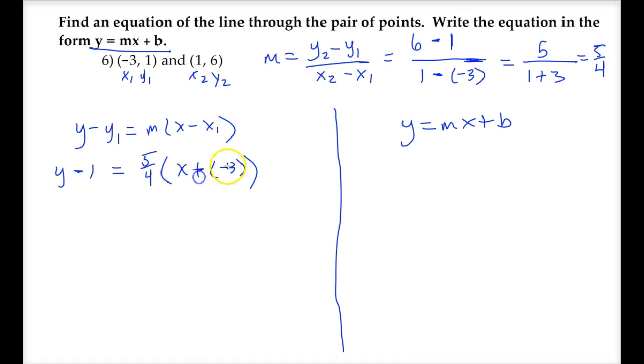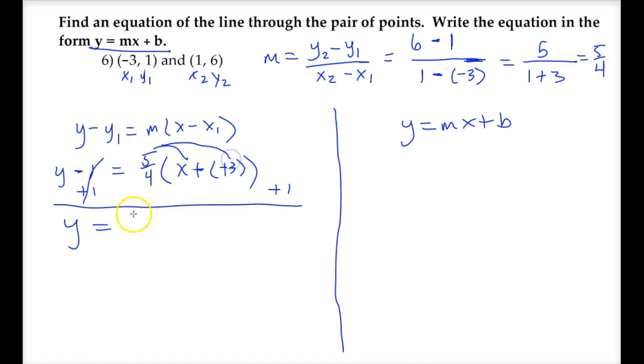Okay, so subtracting the negative is addition. And so now from here, what I'm going to do is add 1 to both sides. And that's y. And then I'm going to go ahead and distribute here.